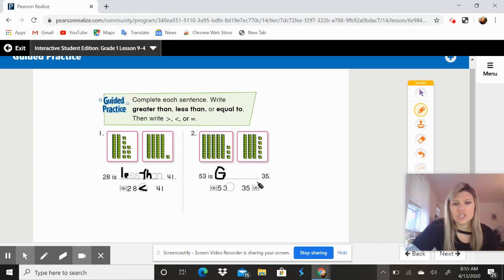I'm going to put a big G for greater, okay? And then it says 53. Since it's greater than, we want the mouth open there to 35.